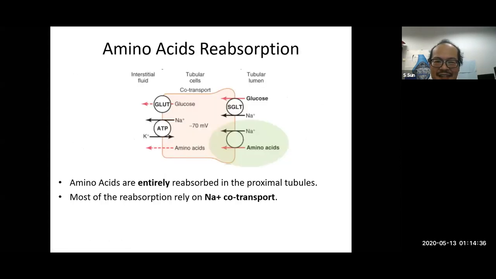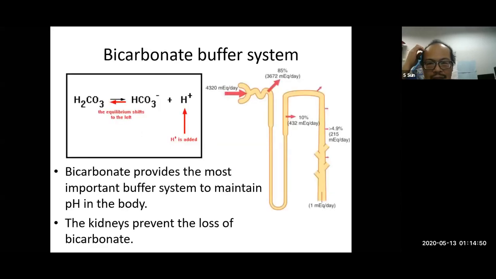And then the amino acid is also reabsorbed 100% into our body through this sodium co-transporter. And in the proximal convoluted tubule, we also reabsorb bicarbonate. This bicarbonate is an important buffer system.